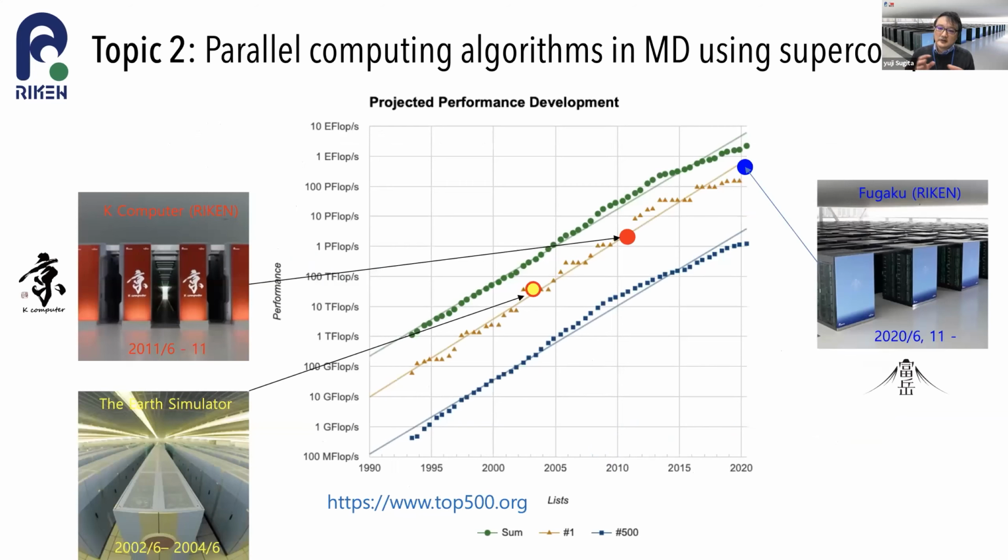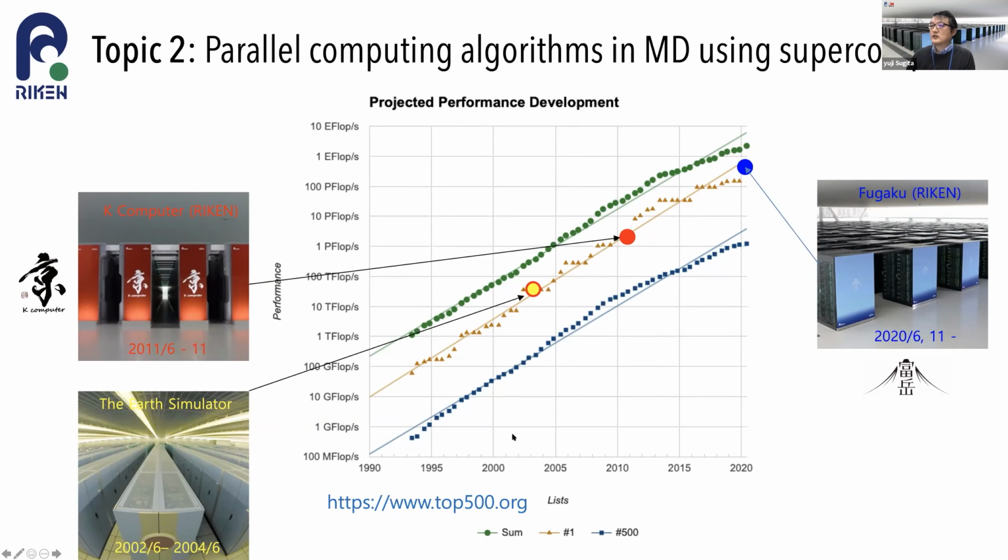Okay. So the first and second examples suggest the importance of computation in molecular dynamics simulation of biological systems. So then I switch to the more computational side of our research using supercomputers. This graph probably seems familiar to many computer scientists.